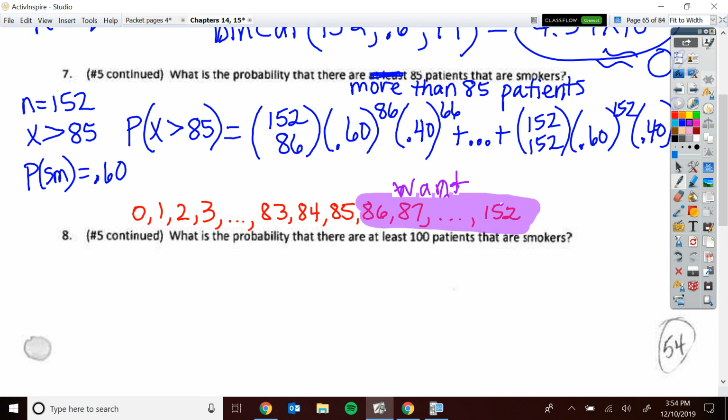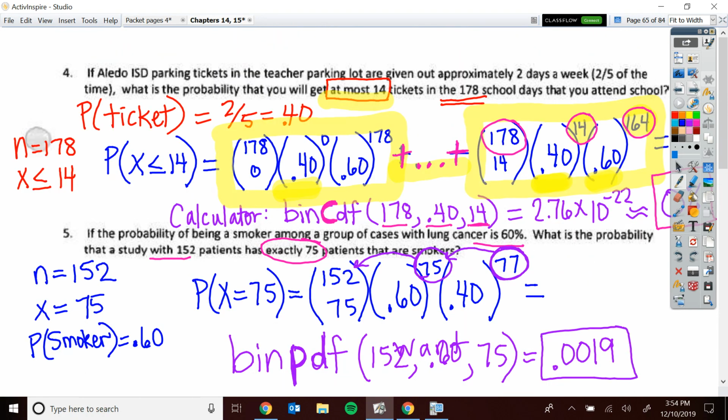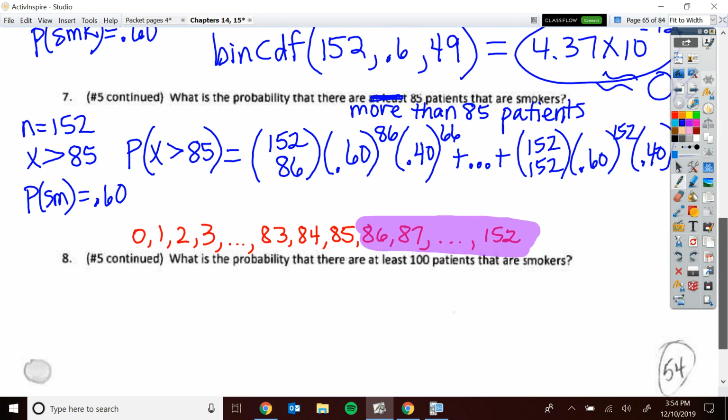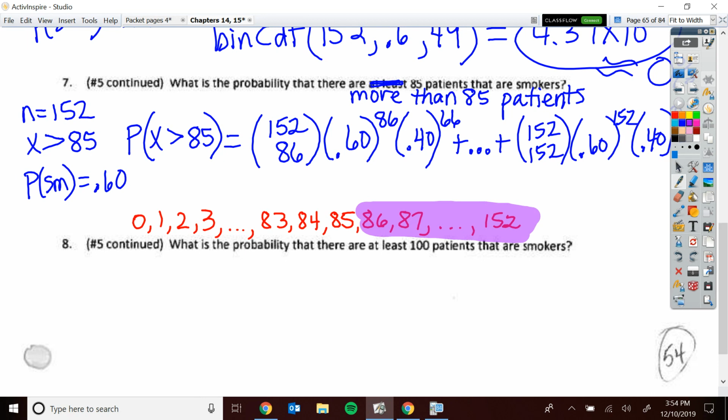I need to take off a different section when I accumulate. When I want 86 to 152, I want to take off the rest. That's what my calculator is going to give me.